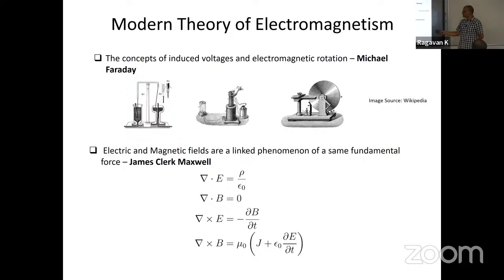The first one says the electric field emerges out of a point charge, or if you have a distribution of electric charge, then it has a different emergence, but more or less the phenomenon of an electric field coming out of a distribution can be described using this first equation.